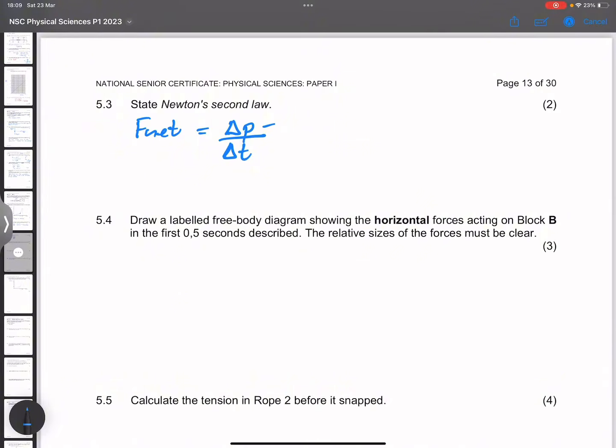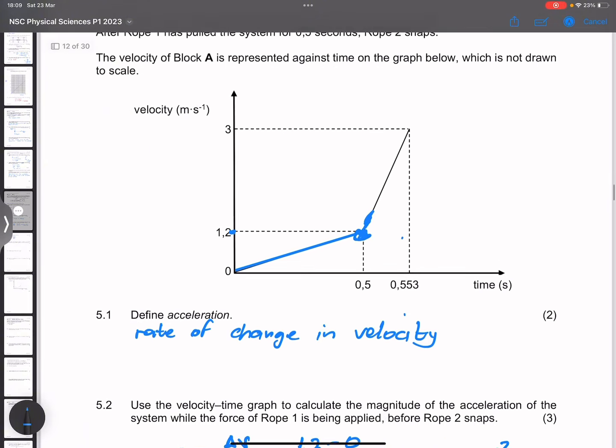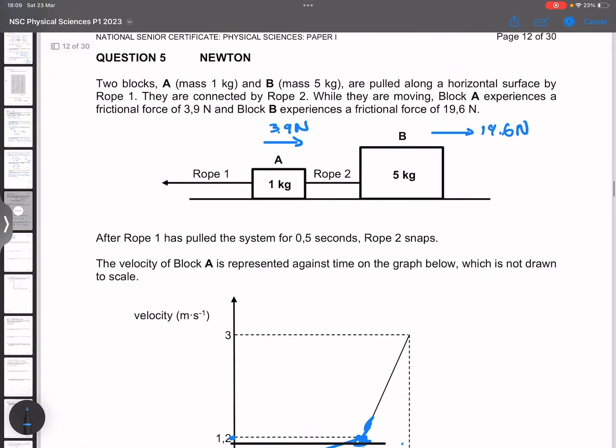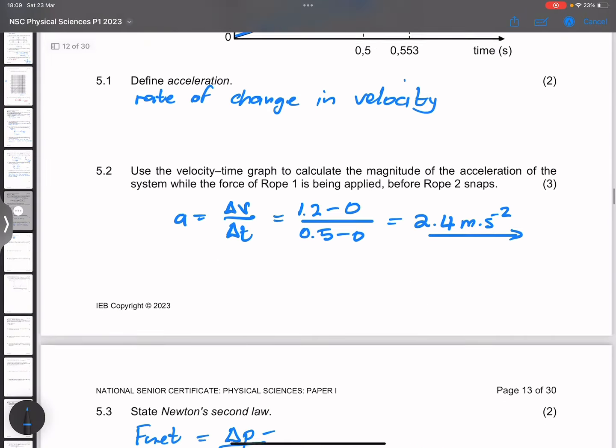They say draw a labeled free body diagram showing the forces acting on block B in the first 0.5 seconds described. The relative sizes of the force must be clear. Very important. Now, when we look at block B, it's being pulled by rope 2, but it's experiencing friction, and we also have the normal force.